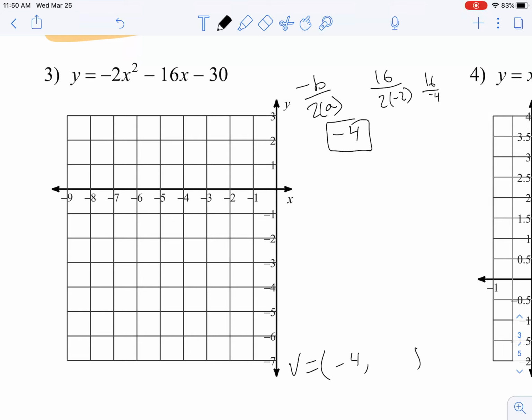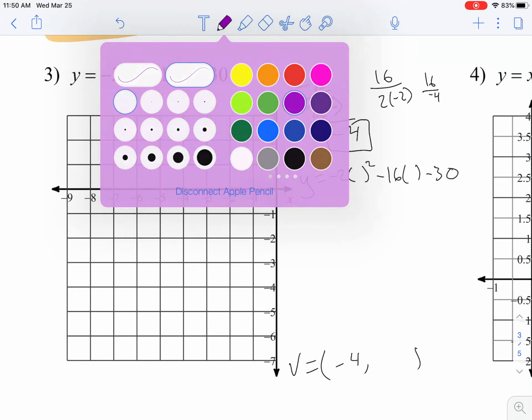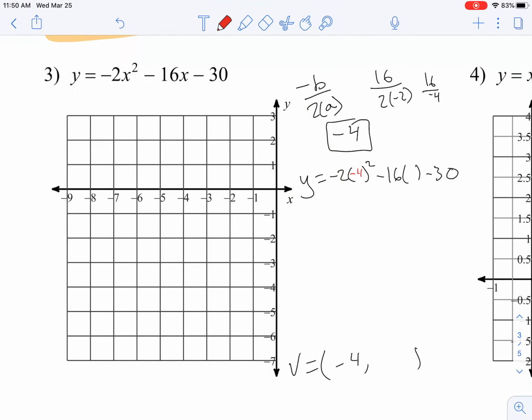To go back and find my second point, I'm going to replace it, let's use red, with negative 4. All right, so hang with me here. I'm squaring it first. Negative 4 to the second power is positive 16.